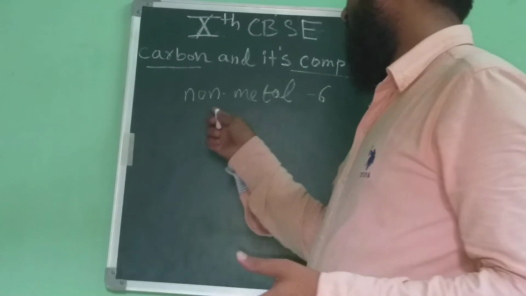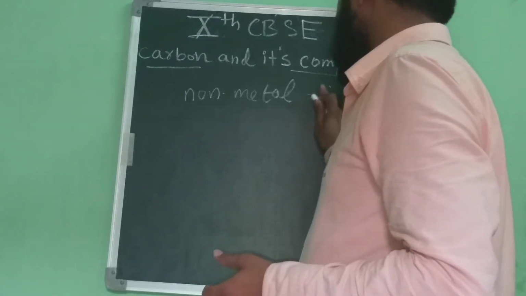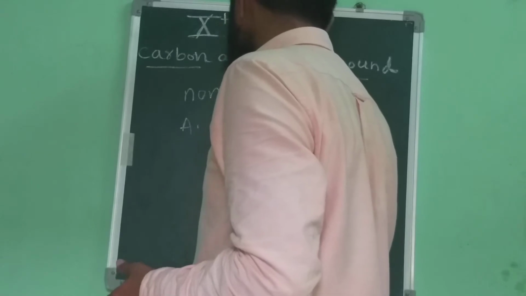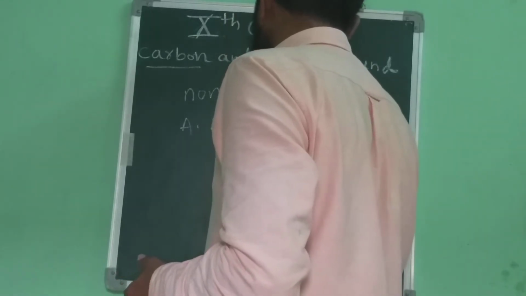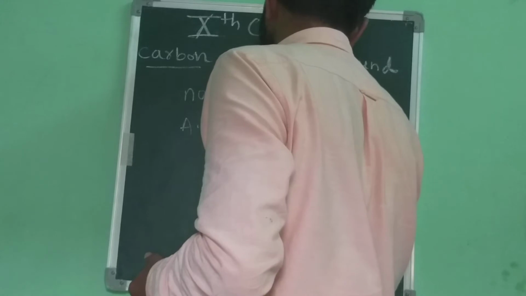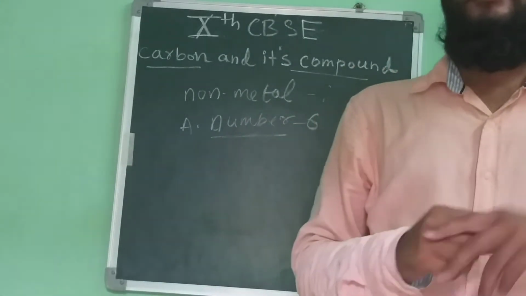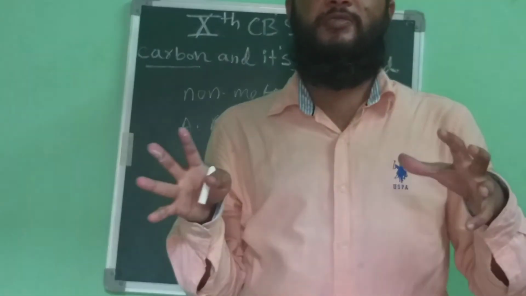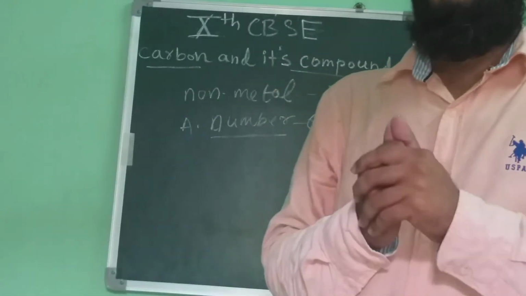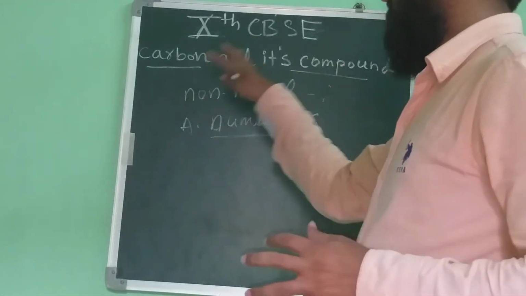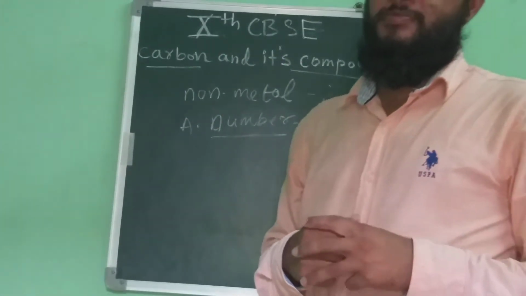As we see, it is a non-metal and its atomic number is 6. Carbon forms many complex and larger molecules. Some drug molecules are so large that your blackboard would fill up when we draw their structure.